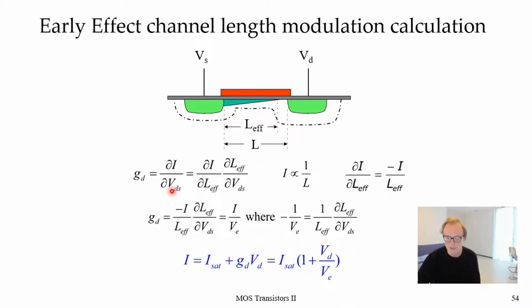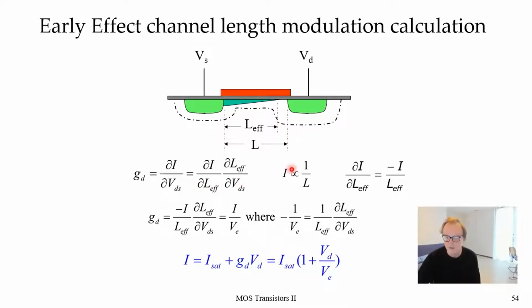So we can rewrite this to bring out the effect of this effective length. We can say dI/dVds is dI/dL_eff, the rate of change of the current with the length, times the derivative of the length with respect to drain source voltage, dL_eff/dVds. See these partial derivatives cancel out here?